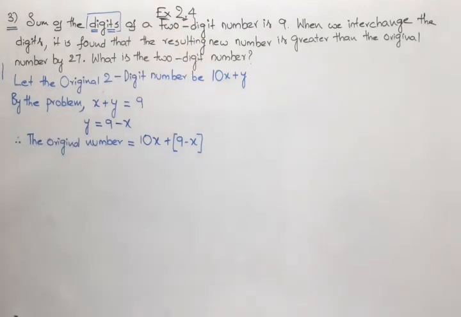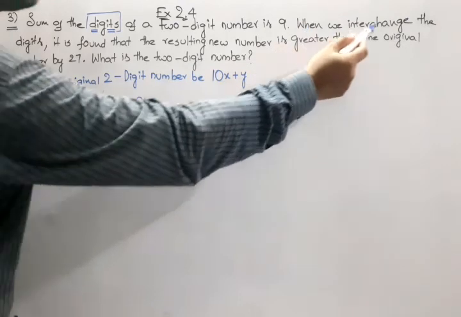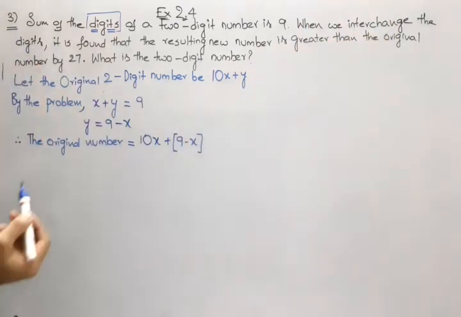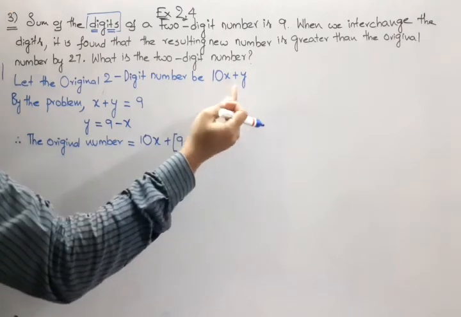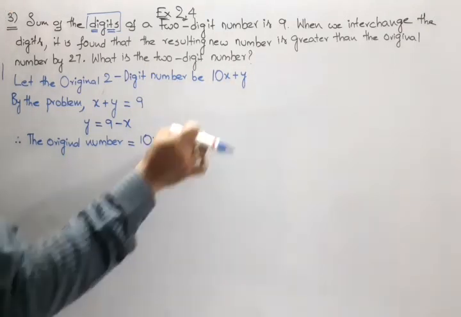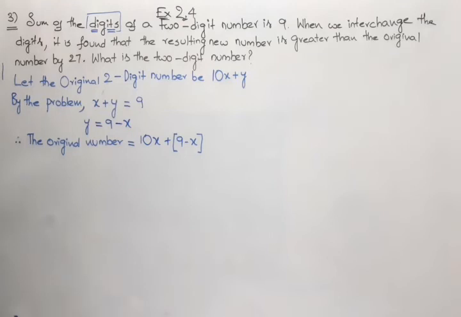Now let us continue reading. When we interchange the digits, if the number is 10x plus y, interchange means what will happen? 10x plus y will become 10y plus x.